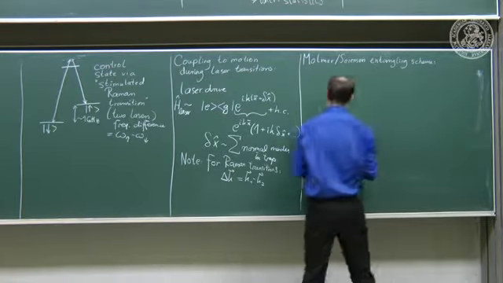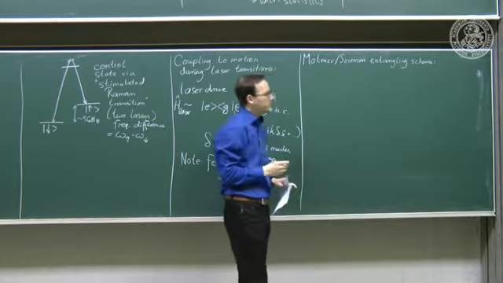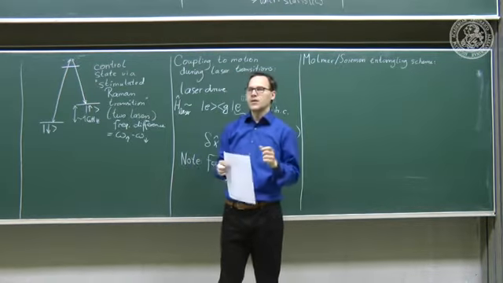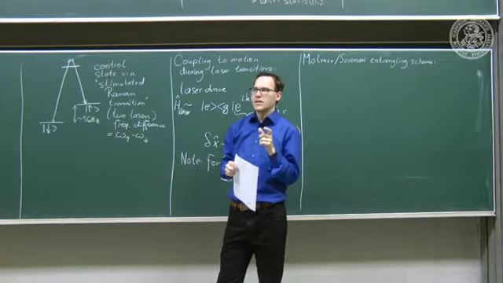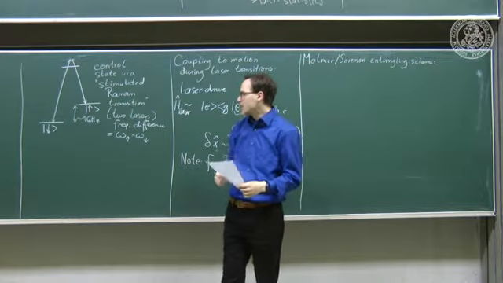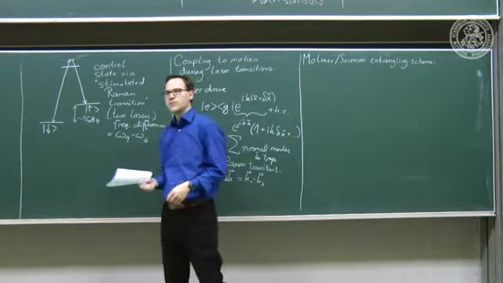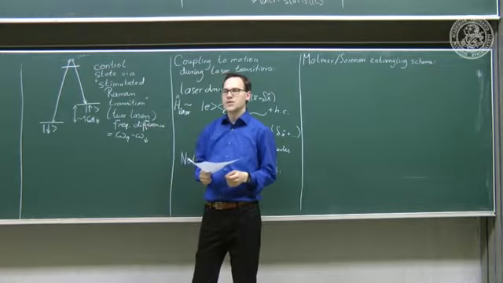Now, I will draw a level diagram, and in this level diagram I will indicate not only the internal state of the ion, that is whether it's up or down for both ions, but I will also indicate the phonon number in the normal modes.